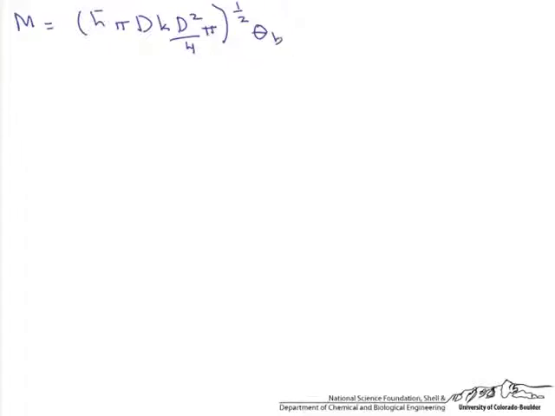We multiply this by theta sub b. So this equals pi over 2, because we can pull that pi squared over 4 out of the square root, times 235 watts per meter squared K times 0.002 meters, and we have D squared and D, so that's cubed.